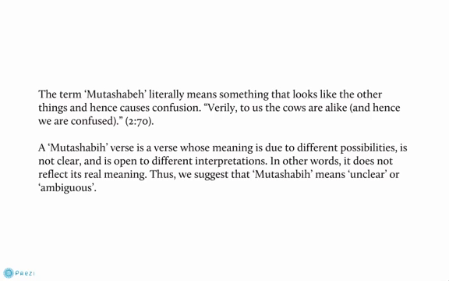A Mutashabih verse has meaning that is due to different possibilities, open to different interpretations, so can be defined as unclear or ambiguous. The Quran is over 1,400 years old and has been literally unchanged across that time. So this was a serendipitous find indeed.